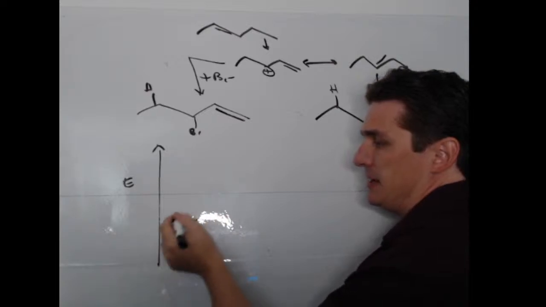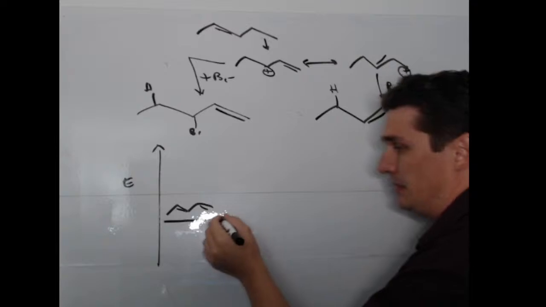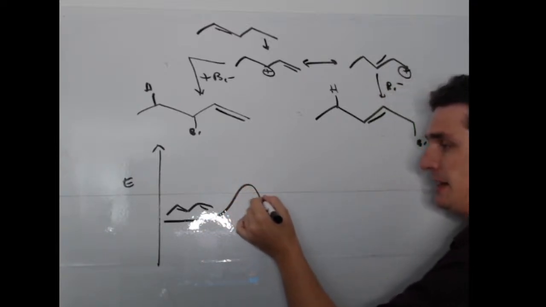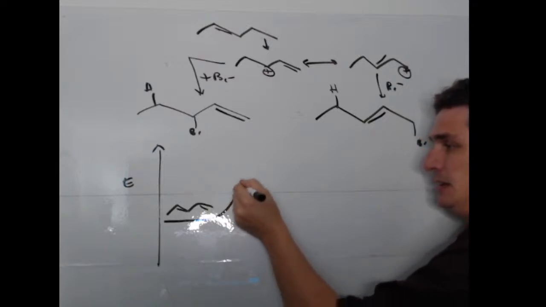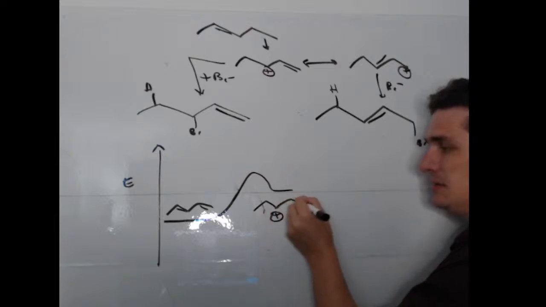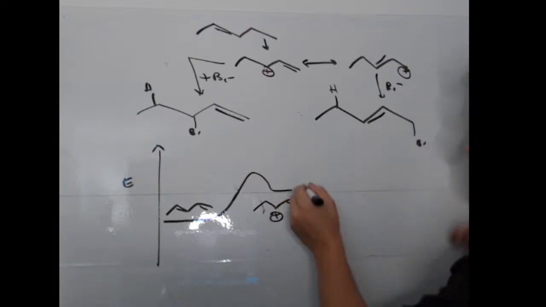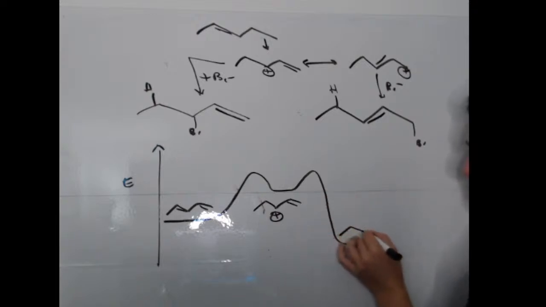So we have our starting alkene. We'll have our first activation barrier go to our first intermediate. And our first intermediate is this carbocation. Then we'll have a second reaction, second EA, where we add the bromine.